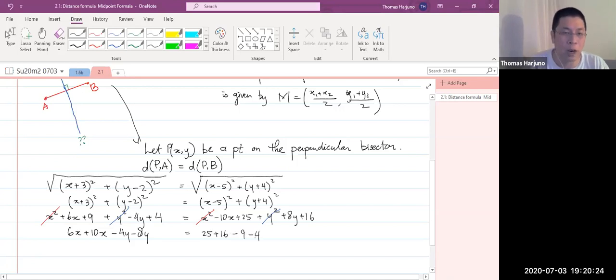I'm supposed to combine like terms first, the constants, right? But I just put them together right away. So then you will see I get 16x minus 12y equals, what is this? 28.